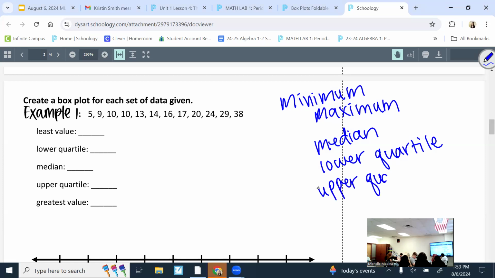Same values that it asks you to identify here on the side. Some of them use slightly different verbiage, but hopefully you get this.